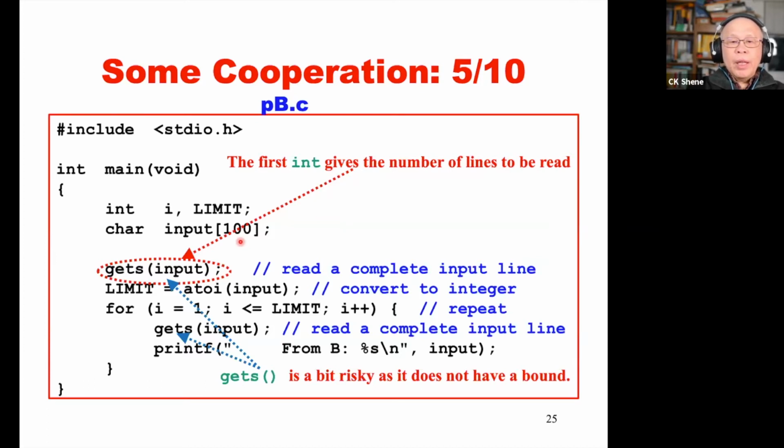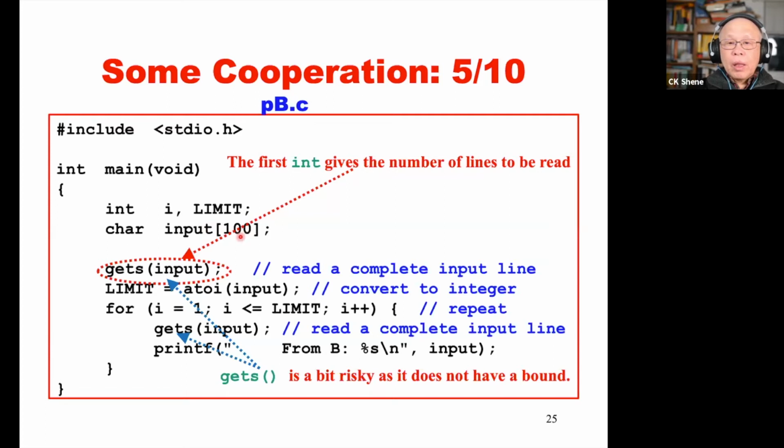Now, gets has a very unsafe semantic. You want to gets input into a character array. So gets simply reads a complete line, no matter how long that line is, and saves it into input. Now, if that line has less than or equal to 99 characters, it's fine. You could save it into here plus a binary 0.